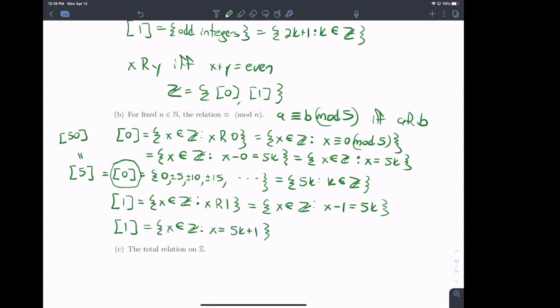In other words, we can think about that as all of the integers which are of the form 5k plus 1.